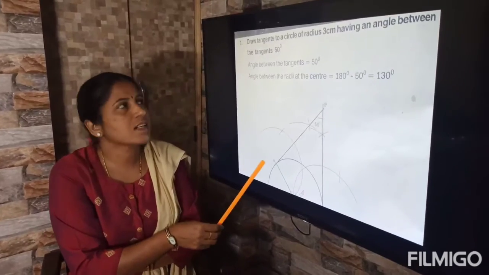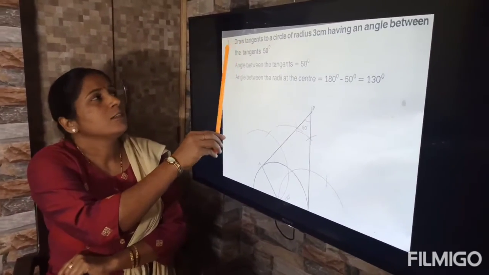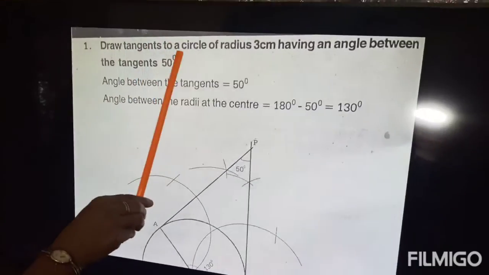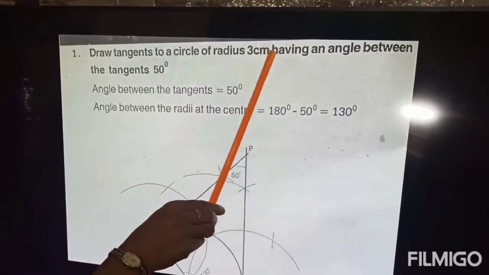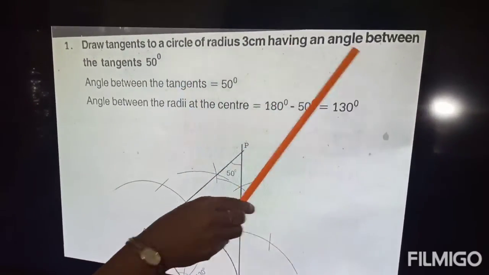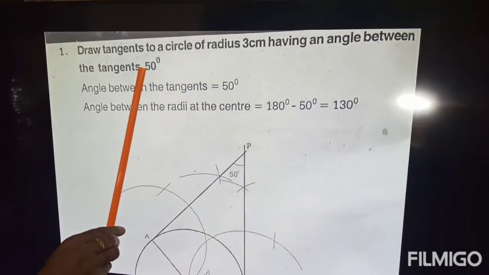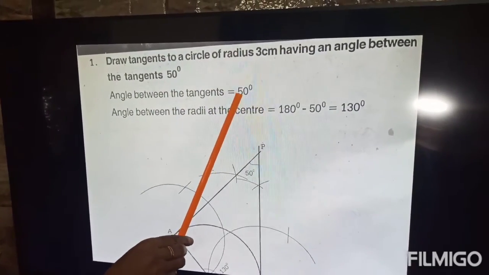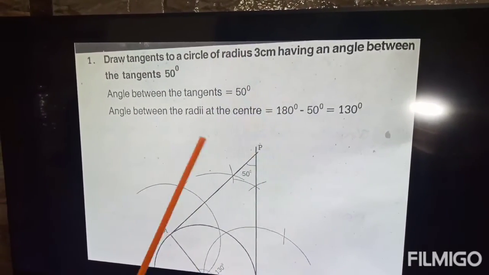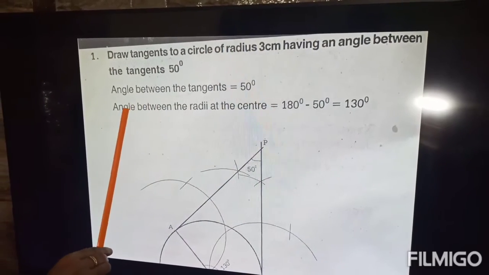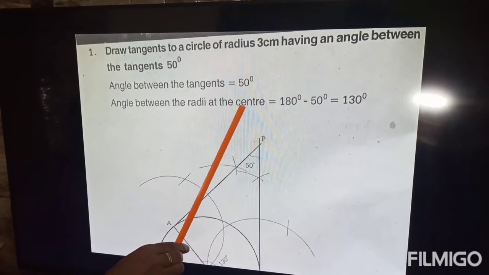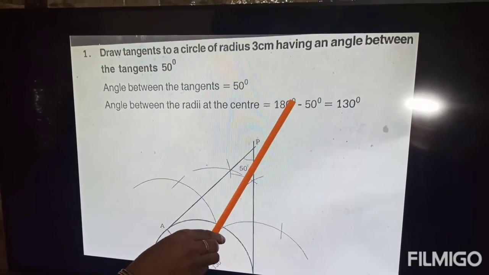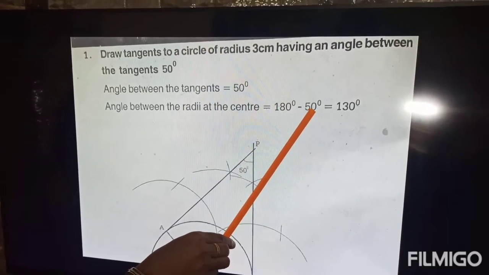In the next construction, draw two tangents to a circle of radius 3 cm having an angle between the tangents of 50 degrees. Angle between the tangents is given as 50 degrees. To get the central angle between the radii at the center, 180 minus 50.